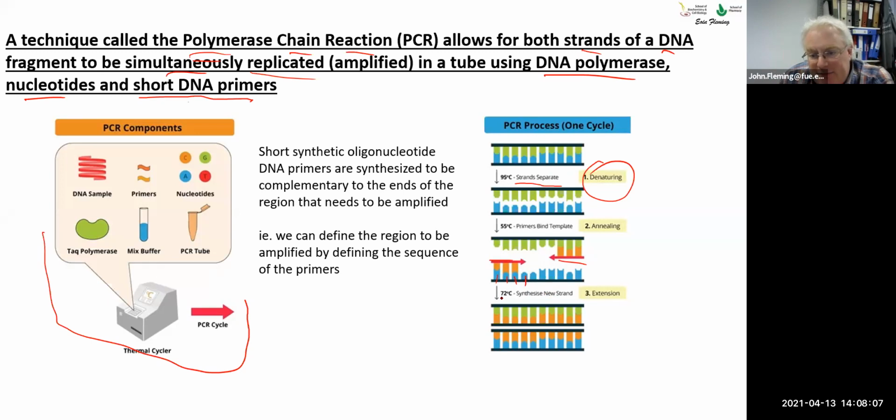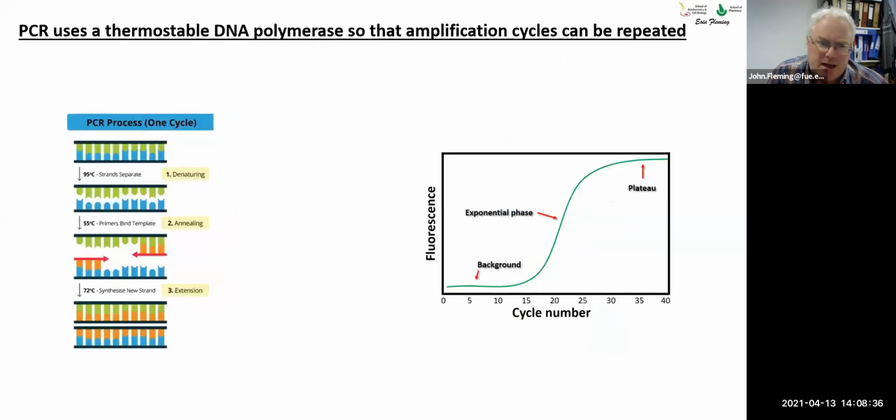And then at 72 degrees, which is the temperature at which the special thermostable DNA polymerase activates or is functioning, we get the extension, we get the elongation of the replication process in order to create double-stranded DNA that is an exact copy of the original template DNA. So this is our process of polymerase chain reaction.